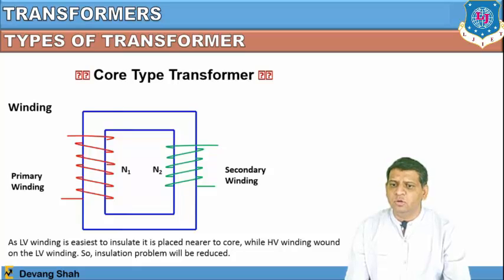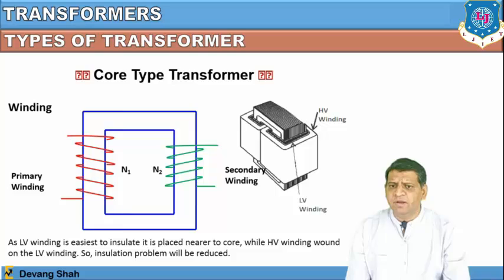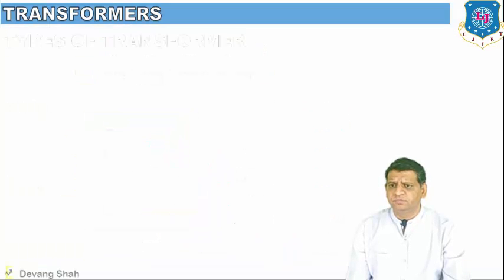It is placed near the core, while the high voltage winding is wound on the low voltage winding, so the insulation problem is reduced. So you can see this is a core type of transformer where over the two limbs one cylindrical winding is the primary and another is the secondary. How the low voltage winding and high voltage winding are wound, you can check from this particular figure.